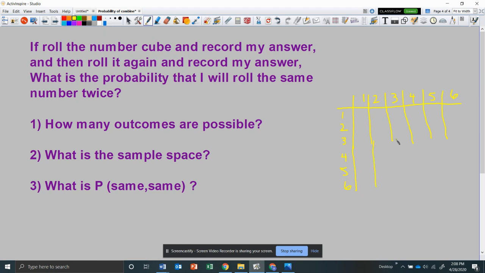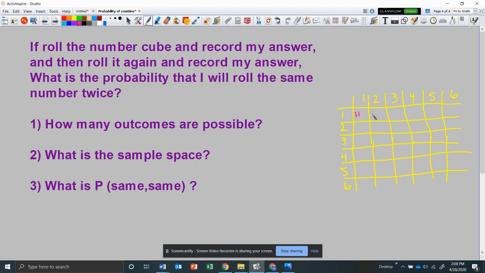And then you're going to combine sort of the intersection of one number cube on the top with one on the bottom to put what the combinations of numbers would be. Okay, so I'm going to go through here.